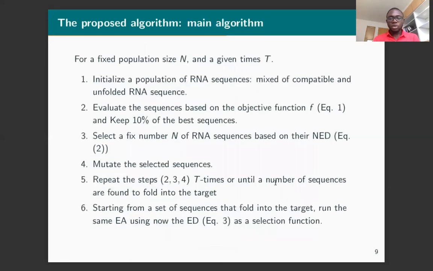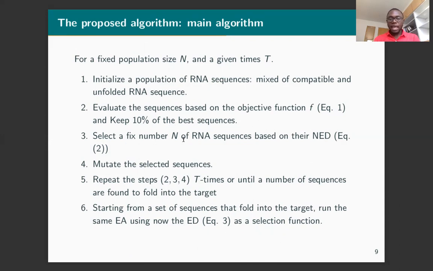So how do those three functions come together to actually play a role in our evolutionary framework? We start by initializing a mixed population of compatible RNA and unfolded RNA sequences. Then we first evaluate them based on the first objective function, and keep the best sequences based on this objective function.